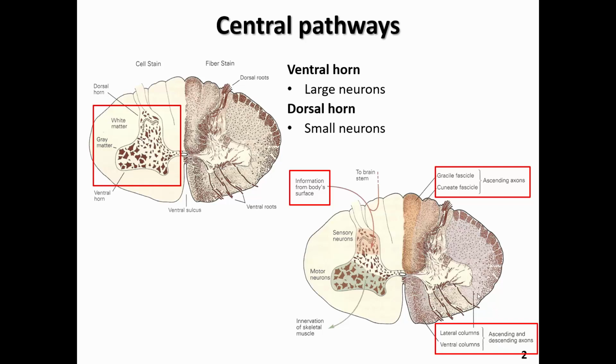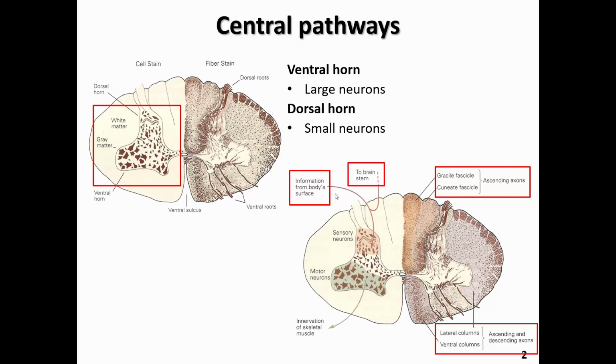So axons that transmit sensory information up to the brain are located in the dorsal white matter as well as in the lateral and ventral white matter, and the axons that transmit information from the brain, which are the motor axons towards the lower levels, are contained in the ventral and lateral columns.